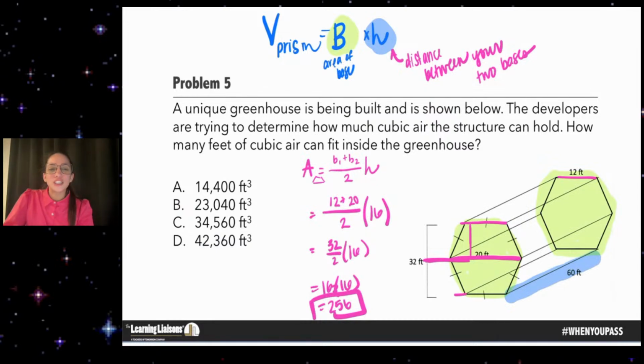Okay, so it's because I only did one trapezoid. This is the area of one trapezoid. That's not the area of a hexagon.